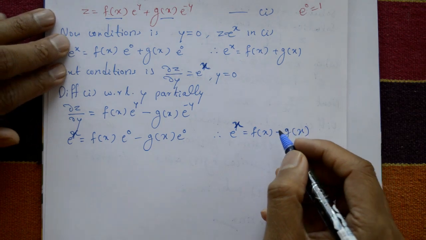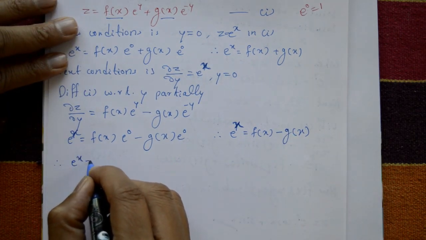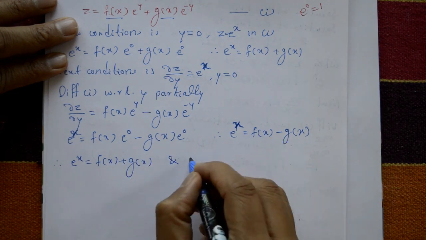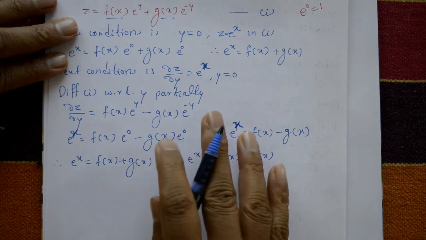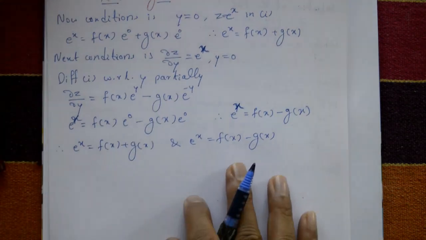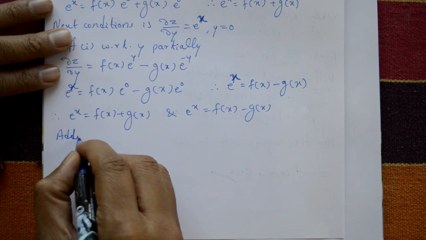Now one equation is e^x = f(x) + g(x), and the second is e^(-x) = f(x) - g(x). Now find f(x) and g(x) and substitute. This is very simple: add and subtract these two equations.